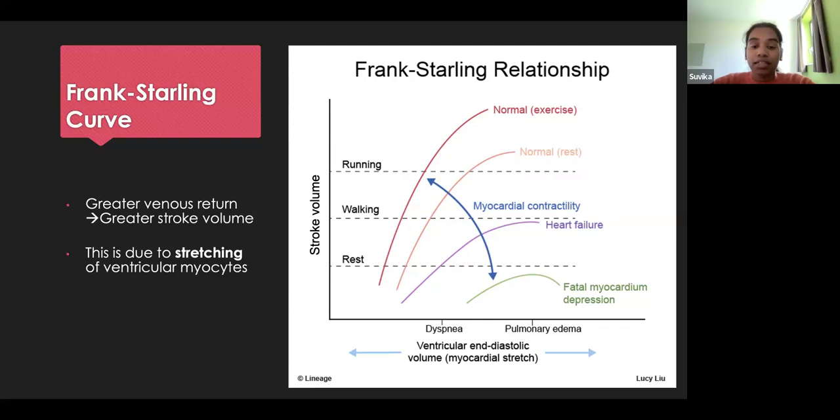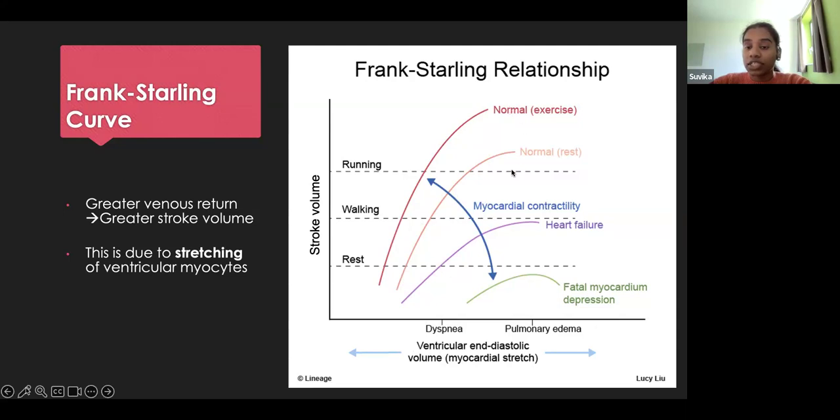And they're showing that with greater venous return, so the amount of blood coming back to the heart, you get a greater stroke volume, because with greater venous return, you get more stretch, so you're going towards this direction. And you can see if we take the normal curve here, when you move further this way, you get a further increase in stroke volume. So this is shown diagrammatically, and that's due to the stretching.